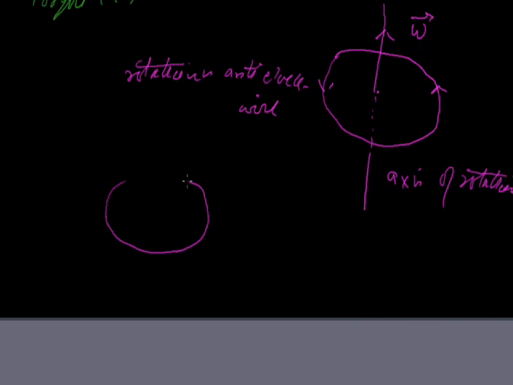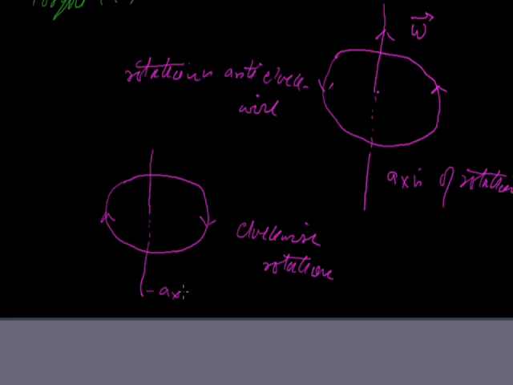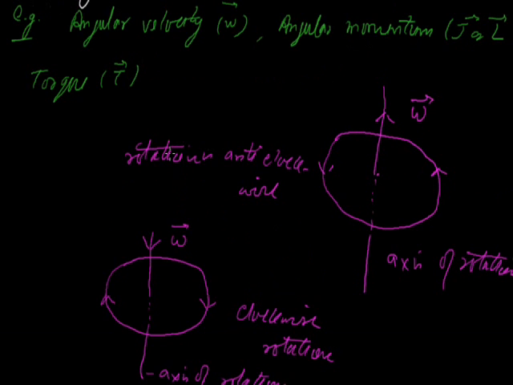If rotation is clockwise, then omega will be downward. Means if rotation is anti-clockwise, the axial vector will be along the axis of rotation, upward. If rotation is clockwise, then the direction of the axial vector will be downward along the axis of rotation.